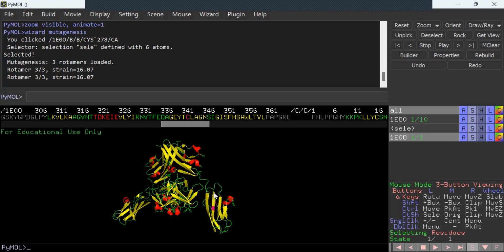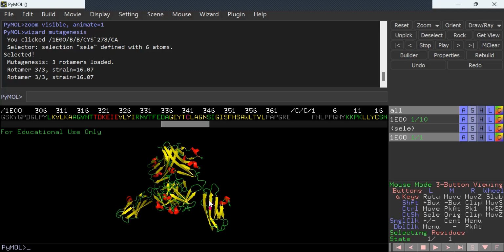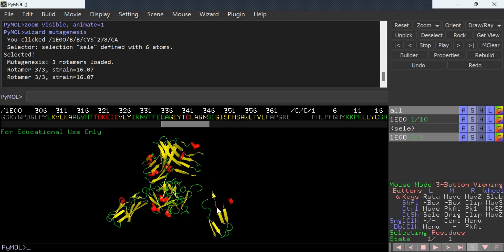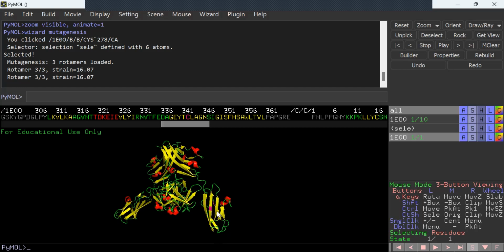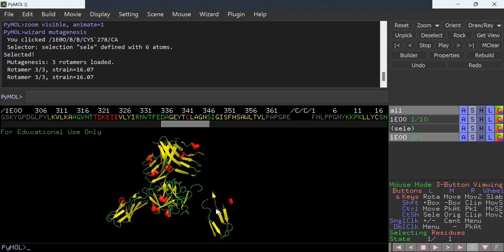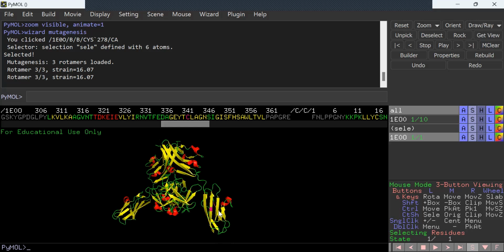When we have the variant C278F, the cysteine at position 278, highlighted in pink on this green strand, is changed to a phenylalanine.